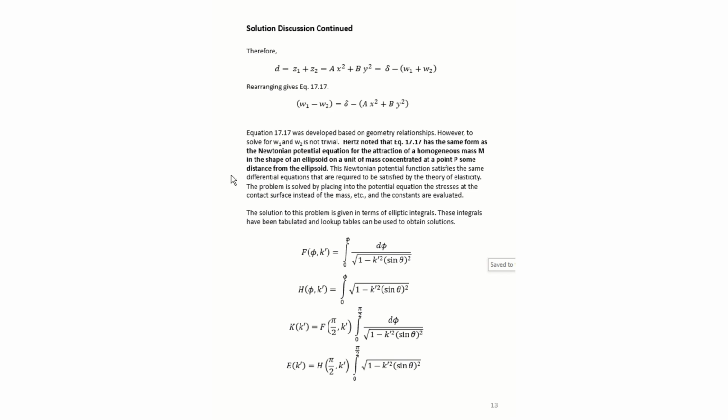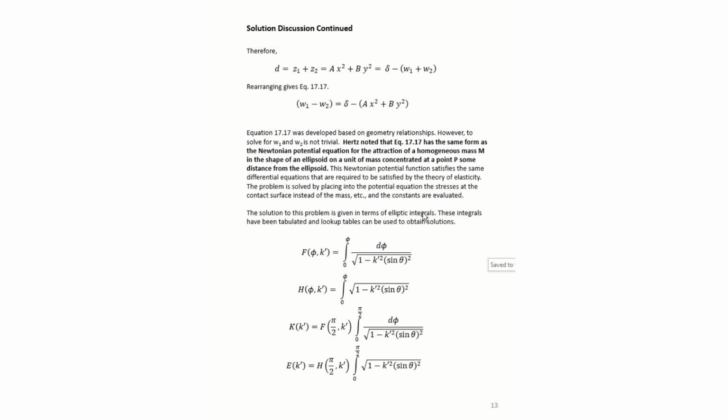Wow, I can barely even understand what's being said there. However, Hertz realized this and knew that he could come up with a solution using elliptic integrals.